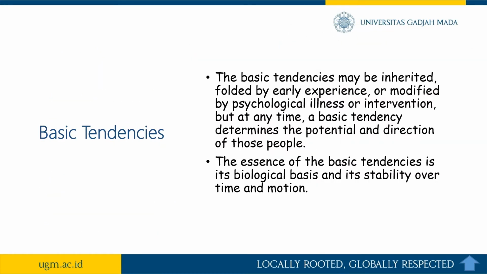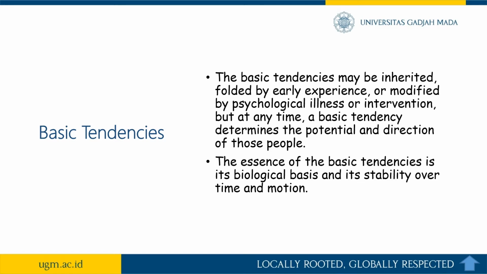So let's talk about each of the components. In the core components, the first core component is the basic tendencies. As we have seen from the figure, it's caused by biological factors. The basic tendencies may be inherited, shaped by early experience, or modified by psychological illness or intervention, but at any time, basic tendencies determine the potential and direction of those people.